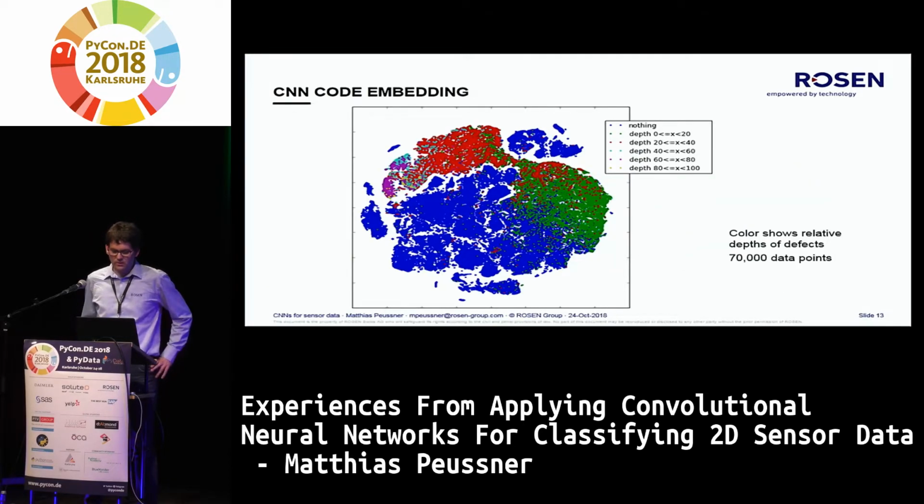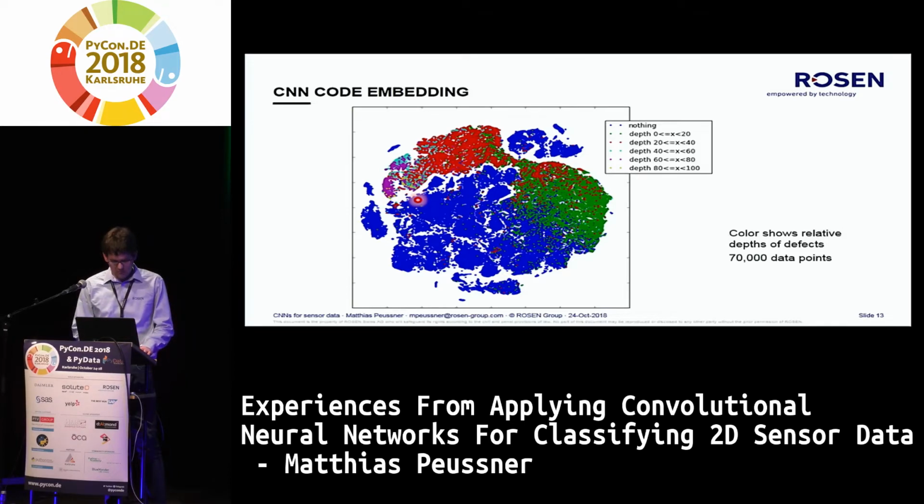So here is the embedding, and I colored the patches according to the depth of the defect. The blue ones are the no defects. This is in our case the largest part. So most of them are no defects, and the other colors indicate the depth of the defect.